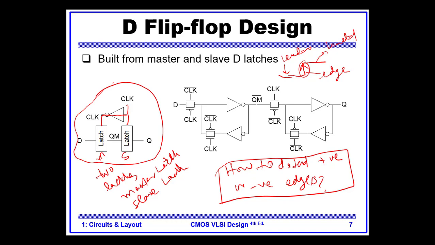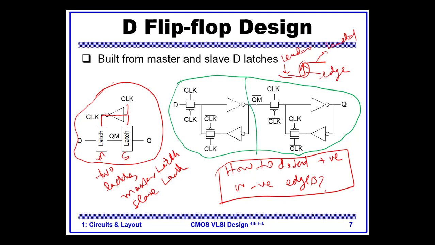Okay, so this is the circuit for the two latches connected. You see, until this point this is the master, and this is the slave. So we have this QM which is connected to the slave.